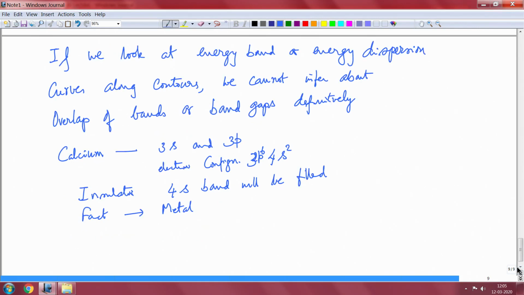Why is it a metal? It is because the 4p band overlaps with the 4s band. Because the 4p band overlaps with the 4s band, there will be a partial occupation of the 4p band and a partial occupation of the 4s band, and so you are going to have partly filled bands, and because of that it will be a metal.